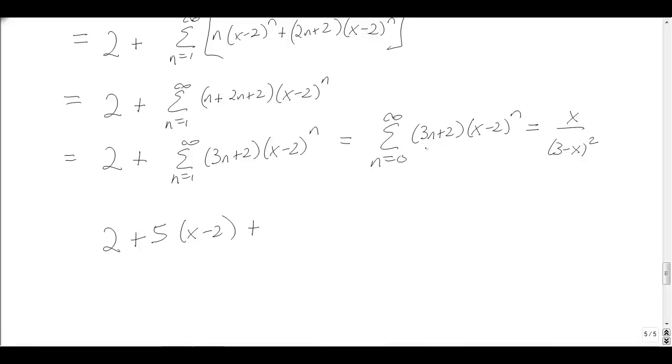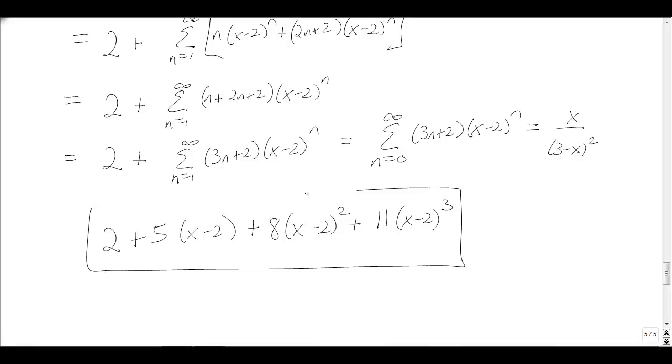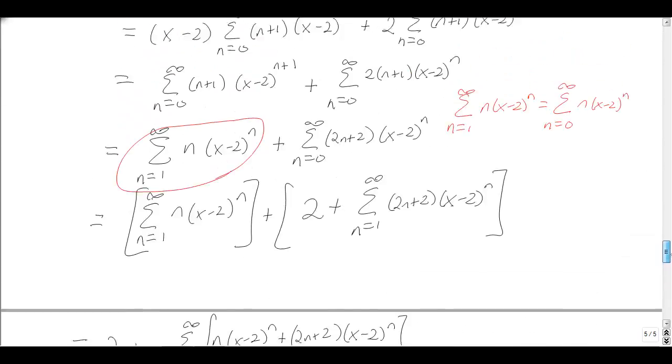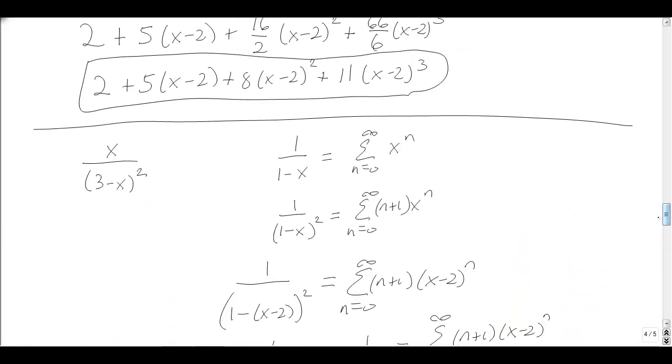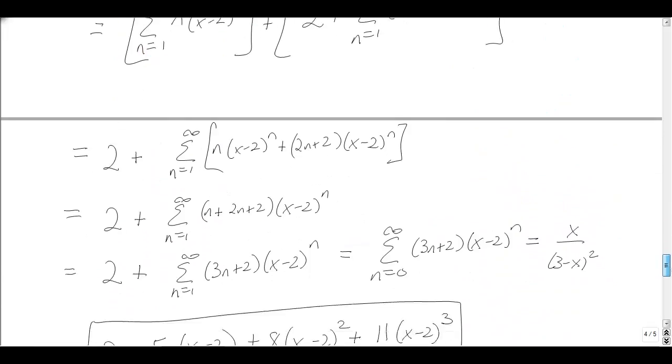Then plug in n equals 2, you get 6 plus 2 is 8. Note 5 plus 3 more gives us 8 because it's a 3n. And it's x minus 2 squared. And then the next one will be 11 times x minus 2 cubed. Next one will be 14 times x minus 2 to the fourth, but we don't need that one. So our coefficients are 2, 5, 8, and 11. Let's go back up. 2, 5, 8, 11. Everything works out just fine.